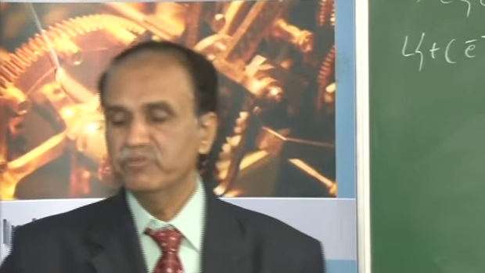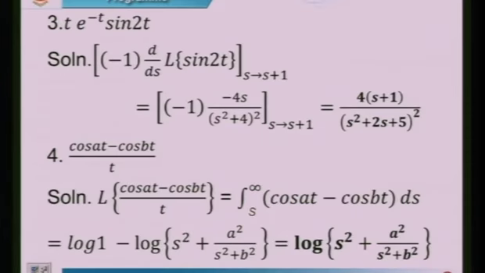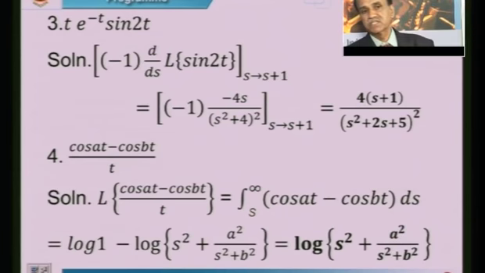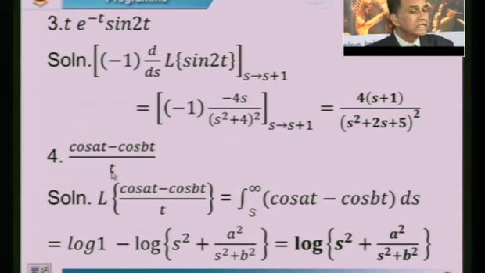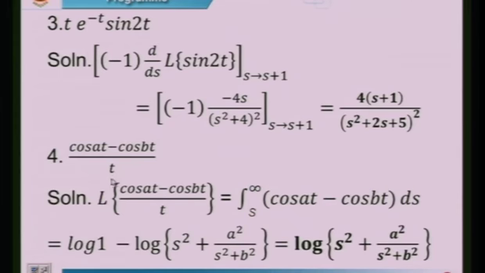So, the next problem: we will take another important property, the last property application in this particular chapter, that is the integral property. Some authors call it the integral property, and some call it the division property, when t is written in the denominator, because the earlier one is the multiplicative property and this one is the division property.